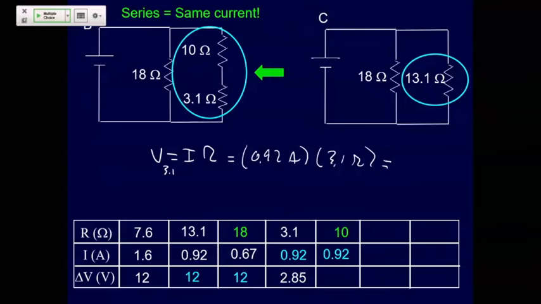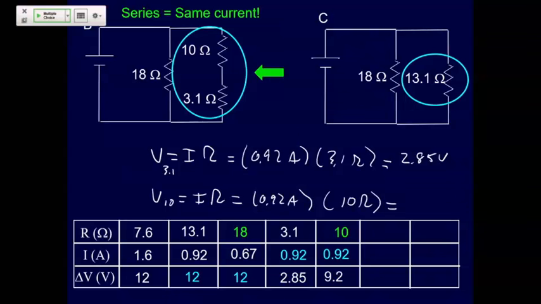And when I do that, I get 2.85 volts. And then the V of the 10 equals IR is 0.92 amps times 10 ohms. And when I do that, I get 9.2. And so I'm just going through and filling out my chart.